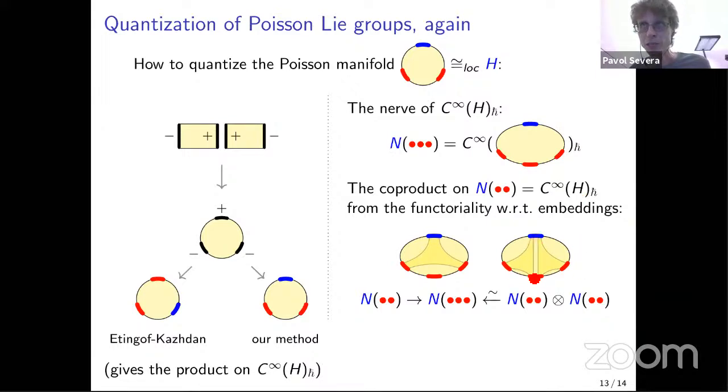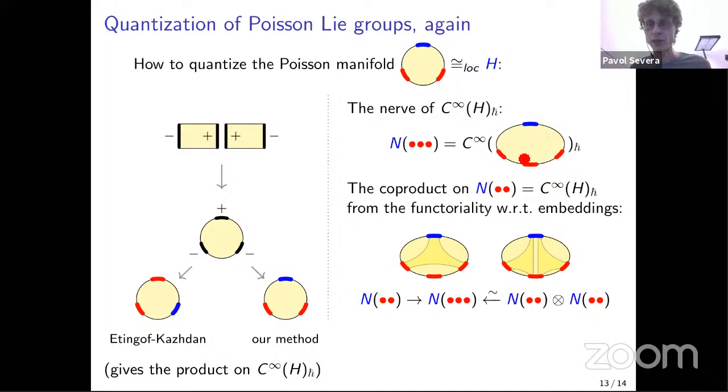So let's plug in one H as a subsurface, another copy of H as a subsurface. Then we will have a map from this big moduli space to the product of those two H's. And it is, well, locally a diffeomorphism, and of course it preserves the Poisson structure. And so in this sense, this moduli space is simply H times H.